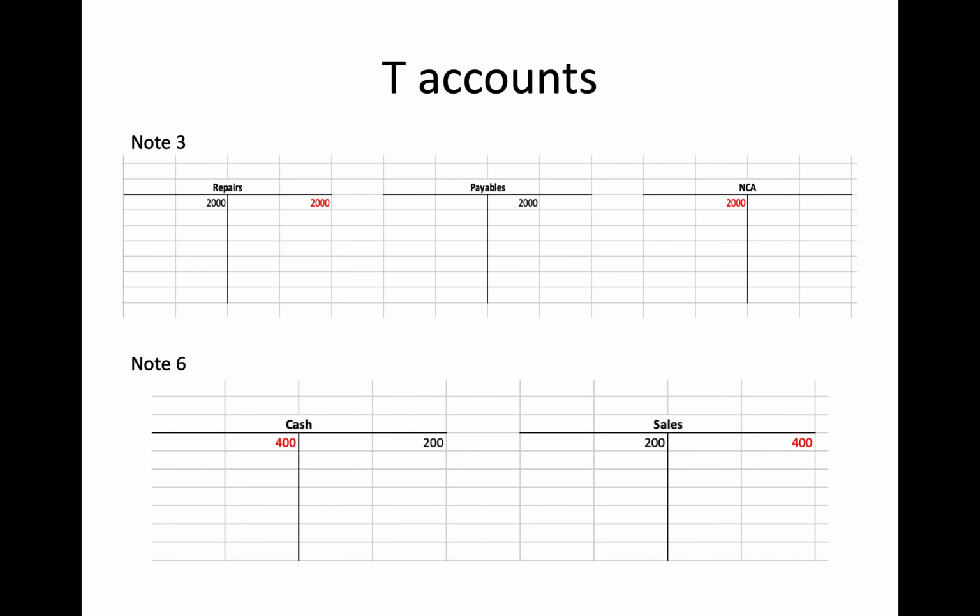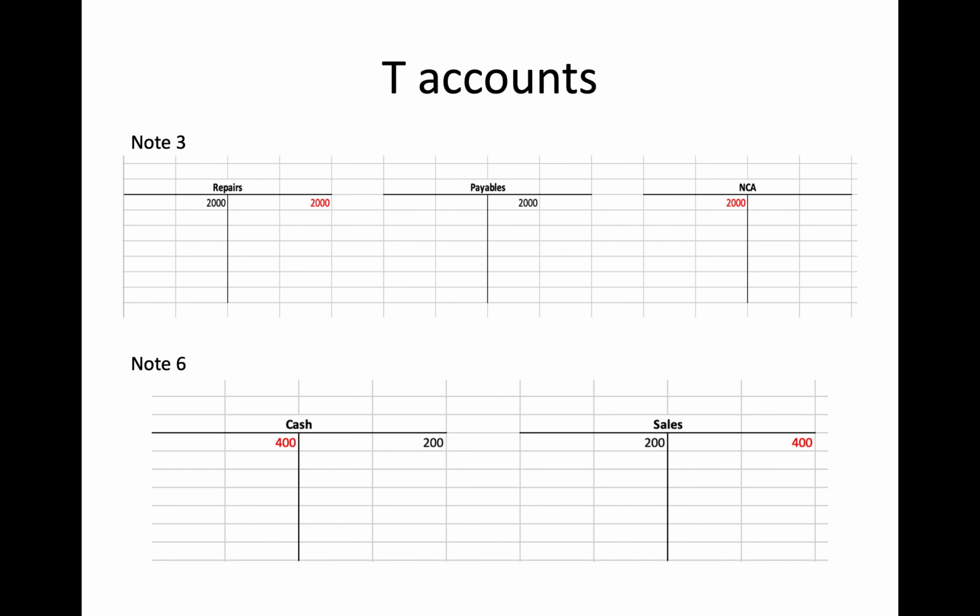The writings in black are the initial postings, so they debited repairs and credited payables. To correct this, we need to reverse that posting to repairs, so we credit repairs account and debit the non-current asset account. This is shown in red. So your repairs account comes up to 0, this is what we want, and we want our non-current assets to increase by 2000.